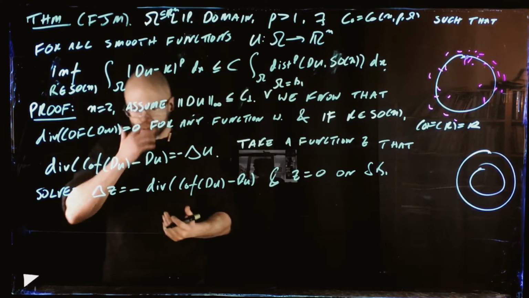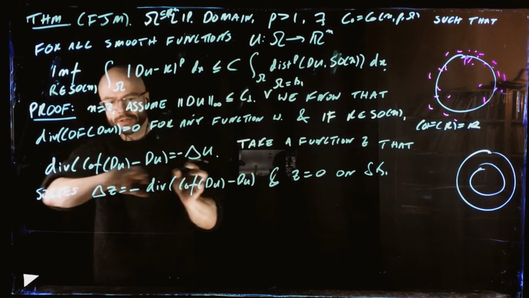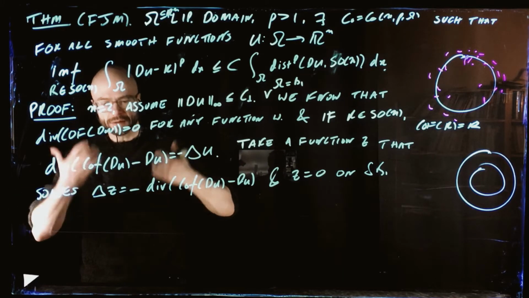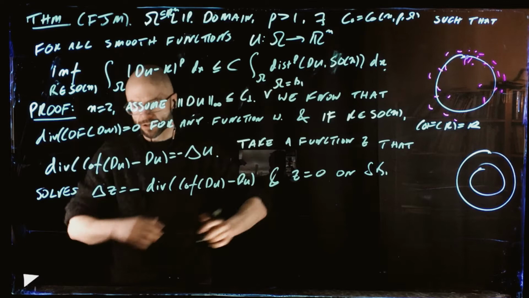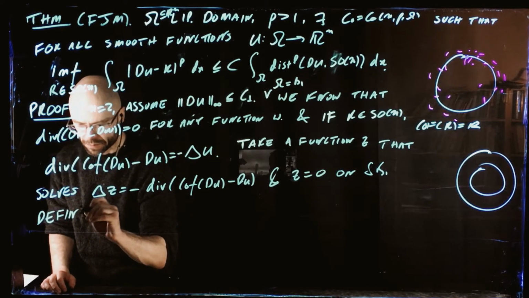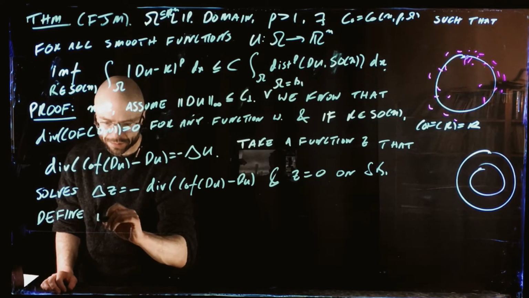Well, the point is we're going to take z away from u, and that's going to strip away the right-hand side here. So we define a new function, this time I will call it w.